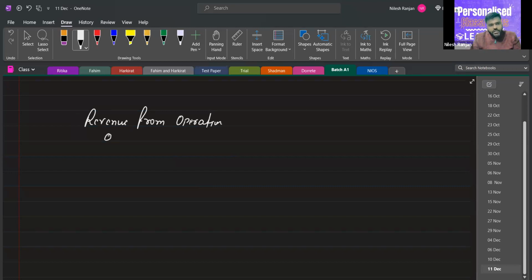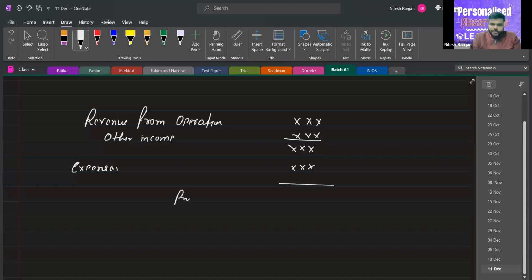We take other income of business, other income which is related to the business, not like profit on sale of asset. These items are not included here. So we take these things, then we deduct different types of expenses, and after that we calculate the net profit.